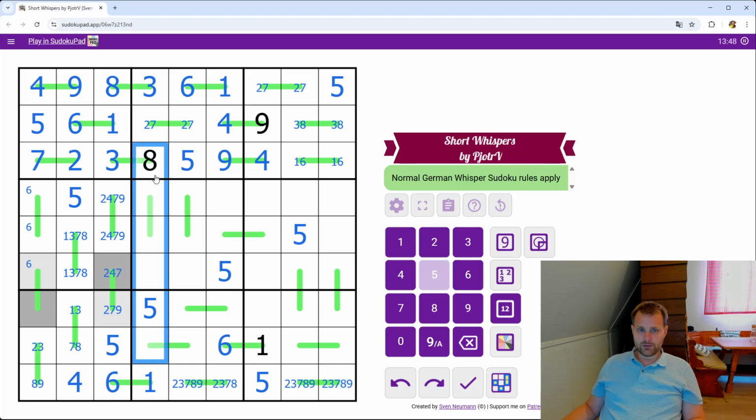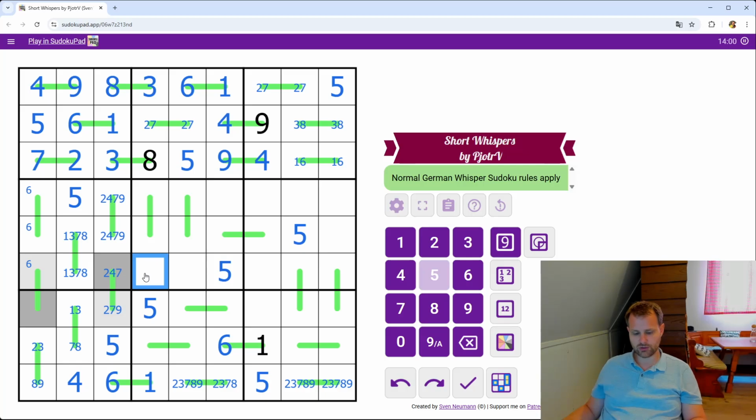Where is the 6 in this column? It's not in here. It can't be in here because of the 1, so the 6 is actually here.